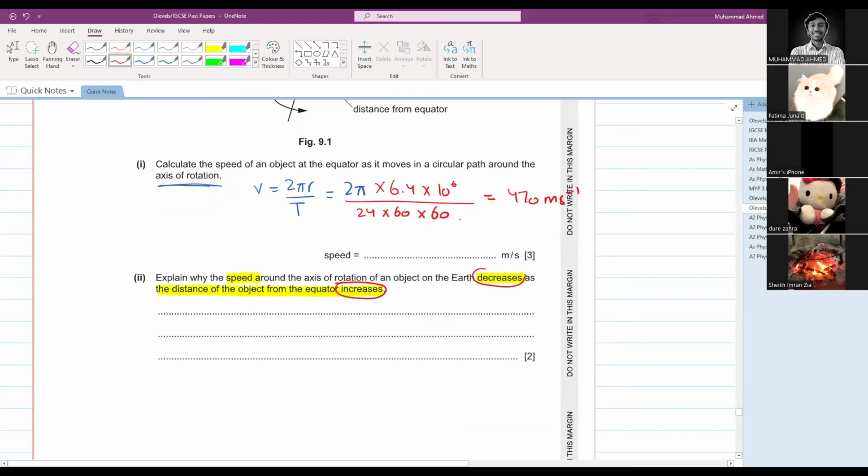Why does the speed decrease as you increase the distance from the equator? Yes, any answers?